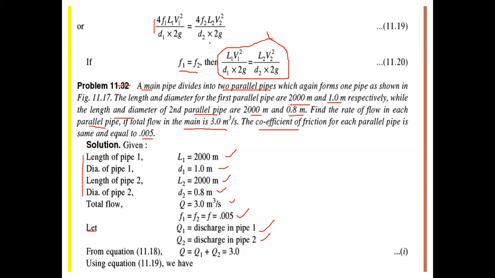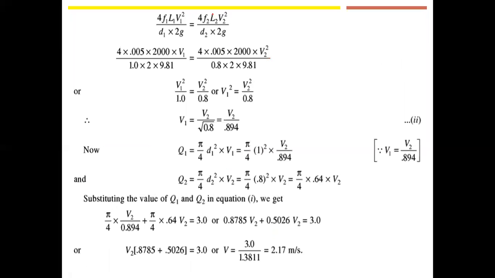Now, taking this formula into consideration, 4 into F1 into L1 into V1 square by D1 into 2G is equal to 4 into F2 into L2 into V2 square by D2 into 2G.